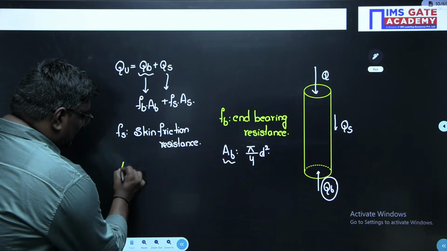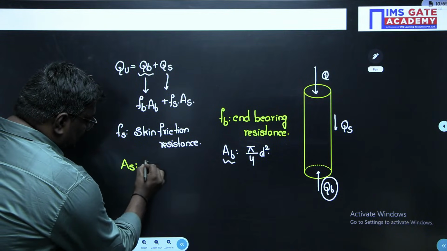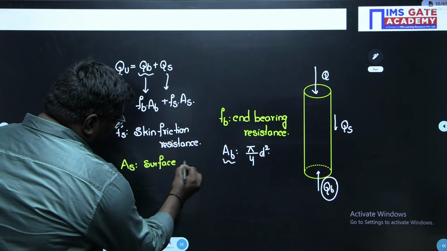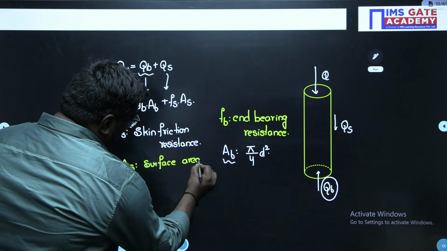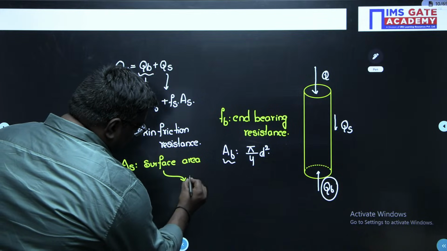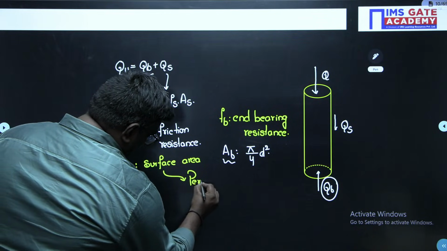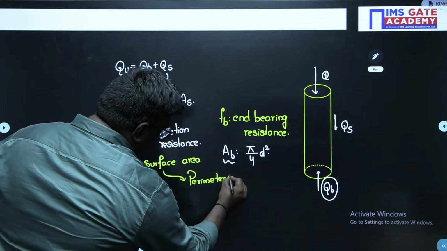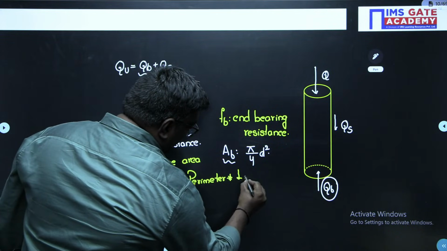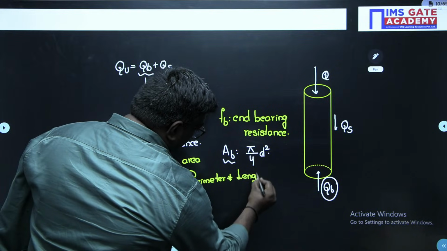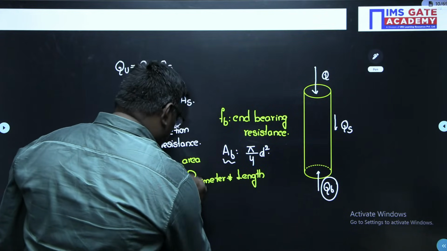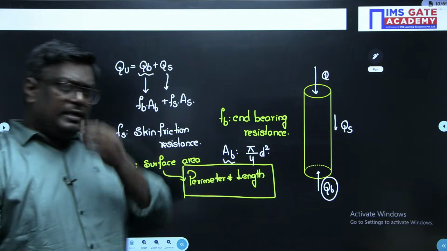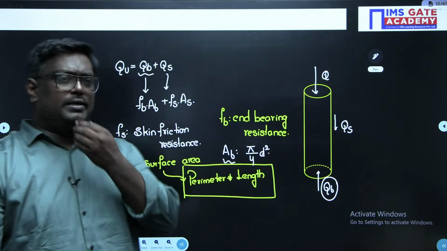As is nothing but the surface area. When I talk about the surface area As, it is nothing but equal to perimeter multiplied by length. Right? I hope you are clear, my dear students.